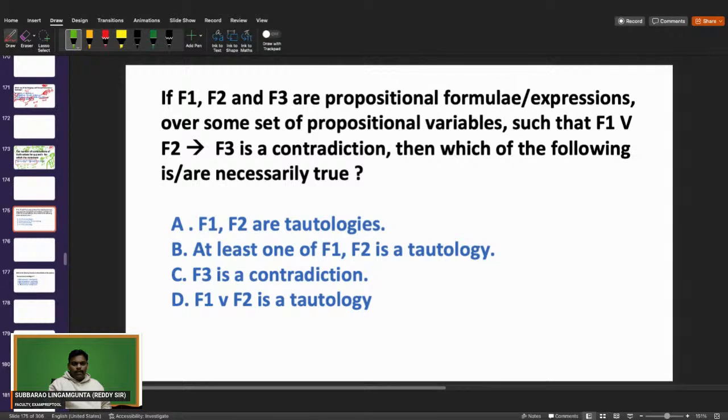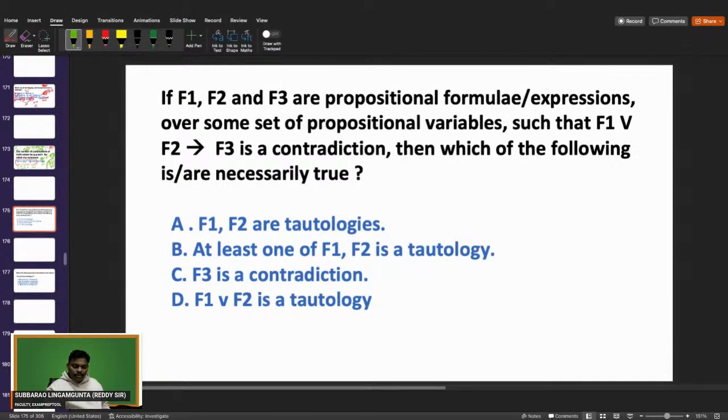Remember, F1, F2, F3 are propositional formulas or expressions. They are not propositional variables.